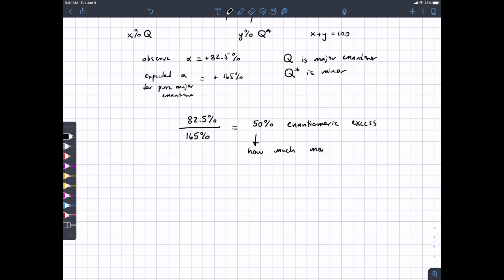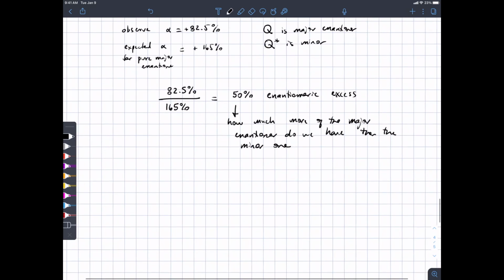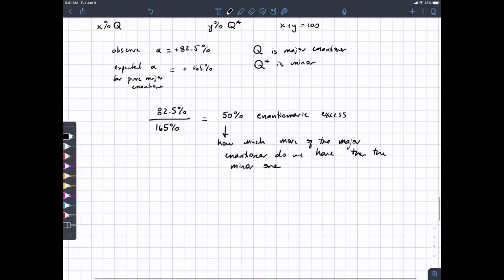That means how much more of the major enantiomer do we have than the minor one. We've already decided that quinine is the major enantiomer.